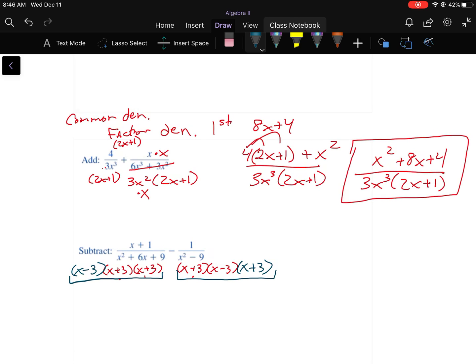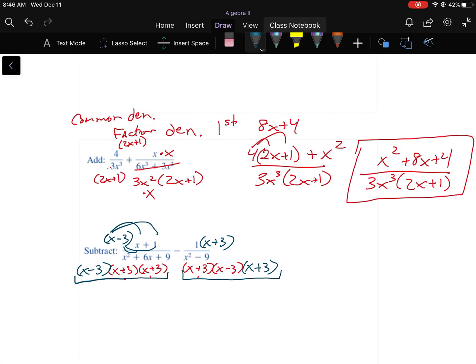Now, whatever factor I put with this first fraction, I have to multiply the top as well. And I have to multiply the top as well here. To do this, I'm going to have to FOIL first: outside, inside, last. So I think it's x squared minus 3x plus x minus 3.